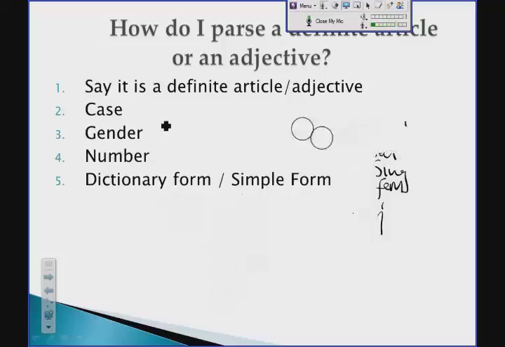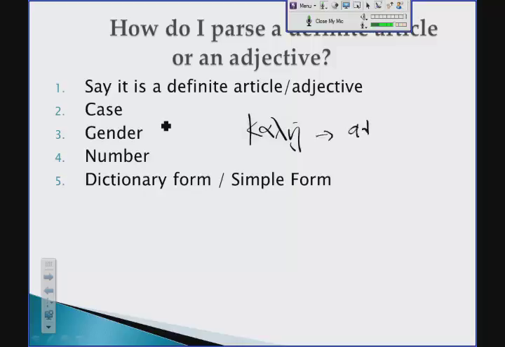And also the adjective is the same thing. Say you have an adjective, kalē. How would you parse it? You will tell me this is an adjective, then case, number, and gender. Look at that ending. What is the case?